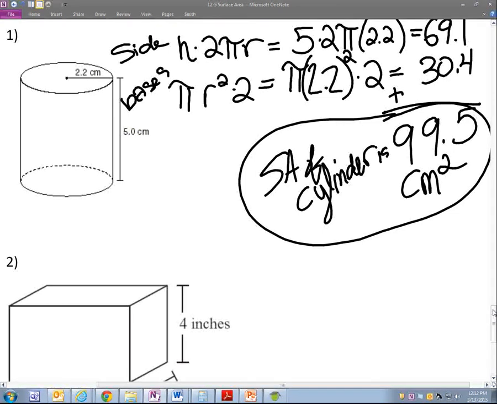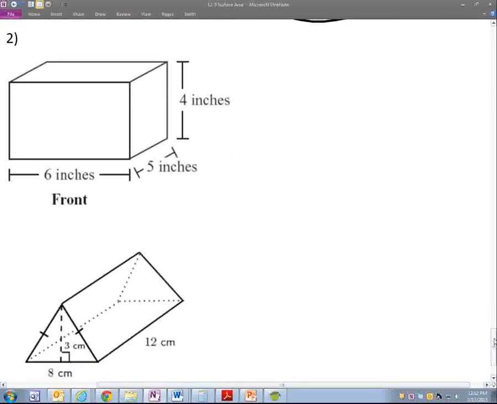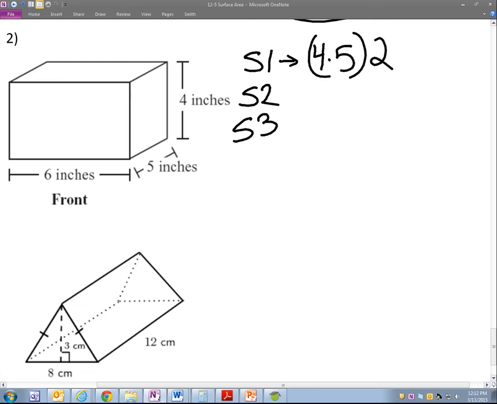Okay, let's see if we can zip through this because I'm making my fourth period do it. Now we have 6 sides here. We have 6 sides, but we only have 3 different side lengths. We have side groups 1, 2, and 3. We have sides that are 4 by 5, and there's 2 of them.